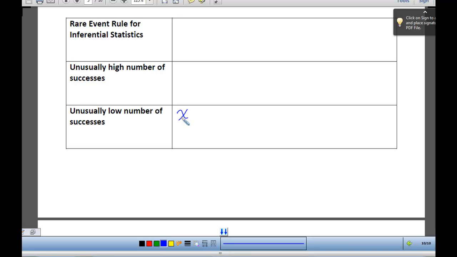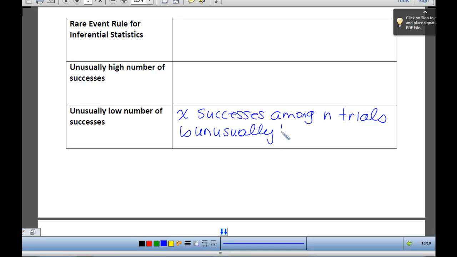It says X successes among N trials is unusually low if the probability of X or fewer successes is unlikely.